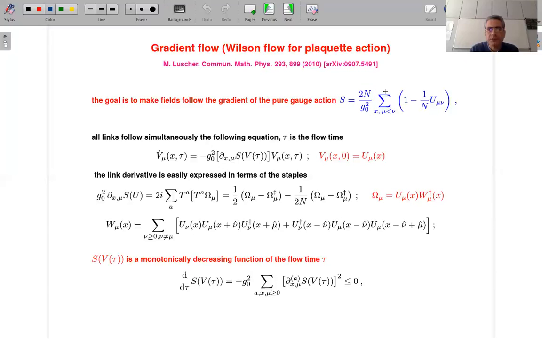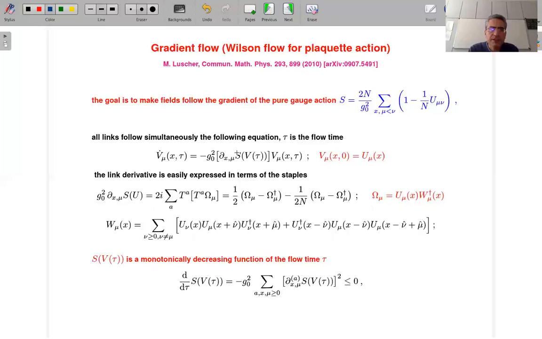So the pure gauge action is the plaquette action, for instance, with the following expression: 2N over g0 squared times the sum over all plaquettes. Now you just write a differential equation in a fictitious time, which is the flow time, this tau here, which is defined in this way.